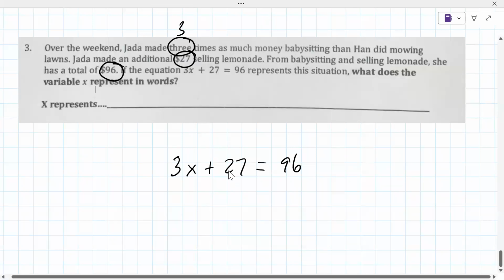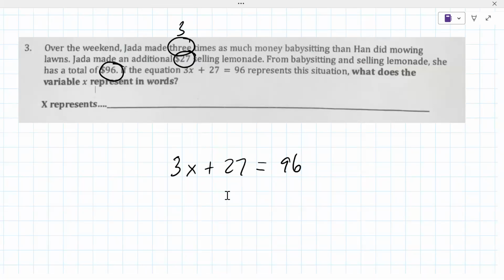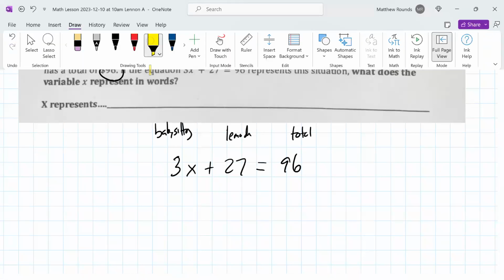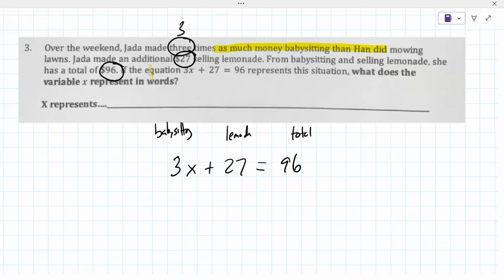What does the 27 represent? The dollars of how much she got from selling lemonade. That's right. So that's the lemonade. 96 is the total. So we know 3x is how much she got from babysitting. But it says 3 times as much that Han did. So they're asking you to figure out what x represents. It's what I've highlighted there. What does that become?